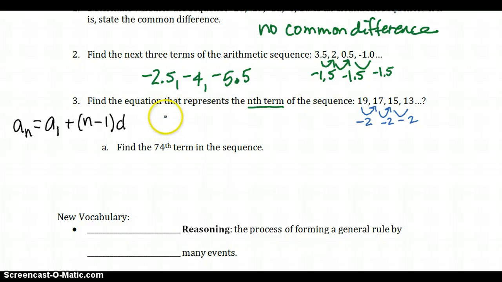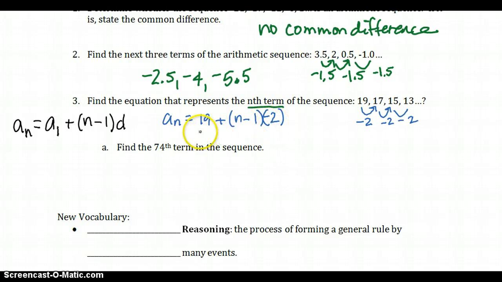So a_n equals, the nth term is going to equal our first term, which was 19, plus n minus 1 times negative 2. So let's put that in parentheses because it's not subtracting negative 2, it's times negative 2.